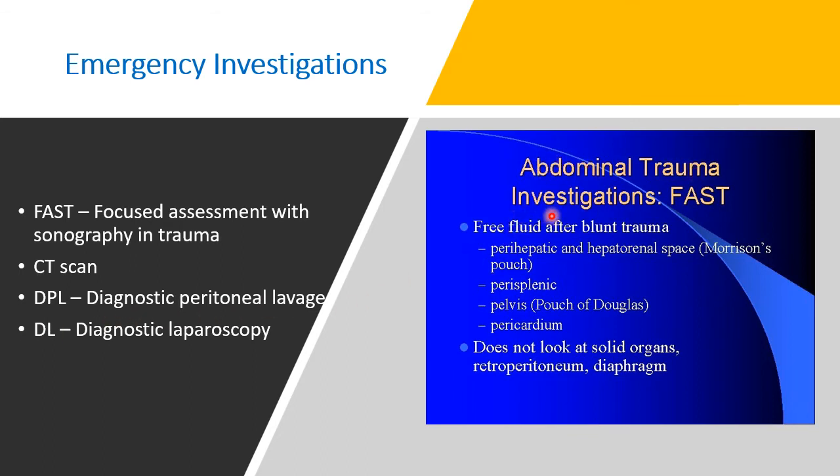Abdominal trauma investigations. Look for the FAST investigation by ultrasound. Detects free fluid for blunt trauma. Looking at solid organs, the retroperitoneum and diaphragm.